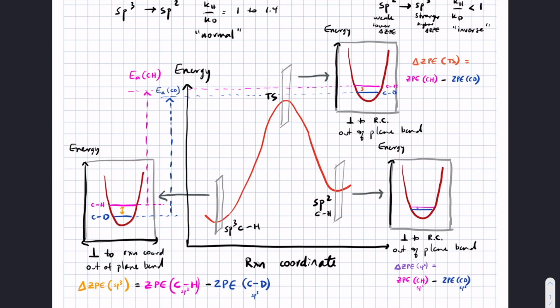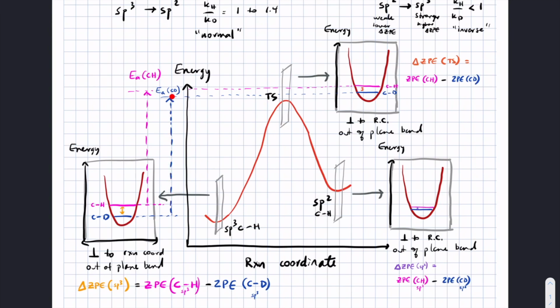So if the zero-point energy difference is smaller in the transition state than in the starting material, that's the same thing as saying that the energy to get from the ground state of the carbon-deuterium bond in the starting material to the ground state of the carbon-deuterium bond in the transition state is larger than making the same jump for the carbon-hydrogen bond.